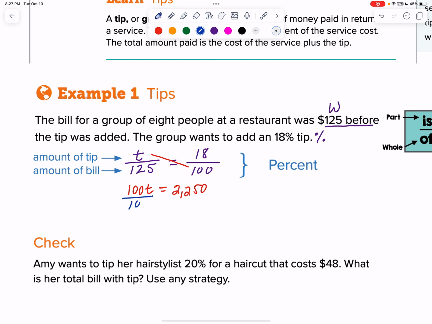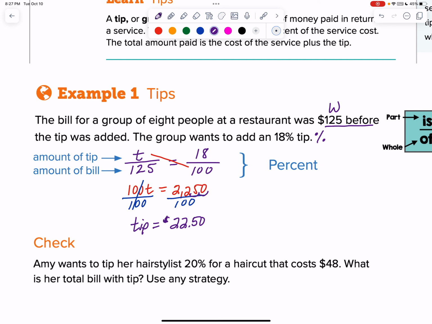So same as yesterday, divide by 100 both sides. Cross out your 100 divided by 100 because that equals one whole. And you're left with, not tax this time, but tip of $22.50 tip. That's what an 18% tip is.